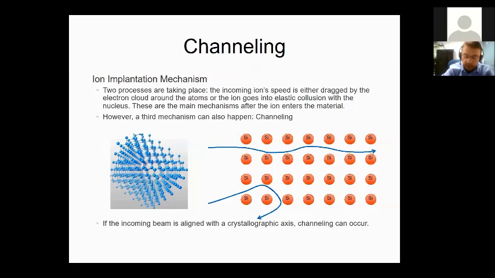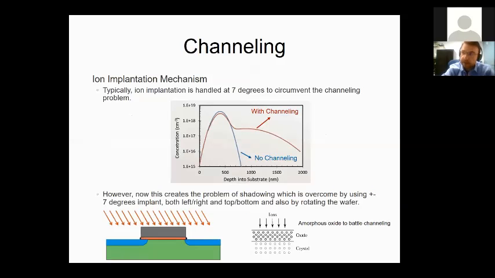Okay, so this also gives us an idea how to circumvent this problem, but let's see first the problem itself. I told you that this would follow the simple Gaussian distribution originally, but if you happen to see those kinds of channels, those kinds of loopholes, the ion will penetrate more and the concentration will really go into the depths.